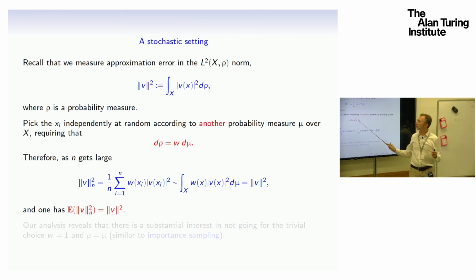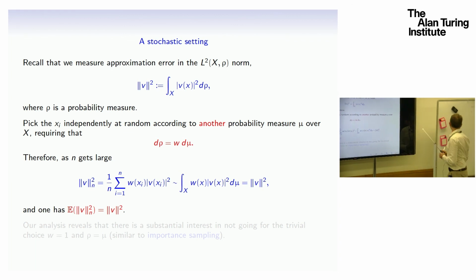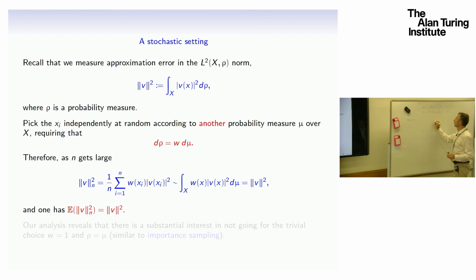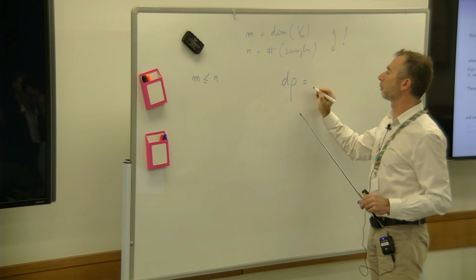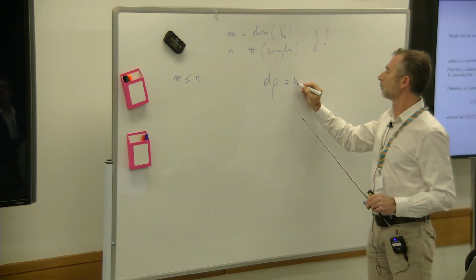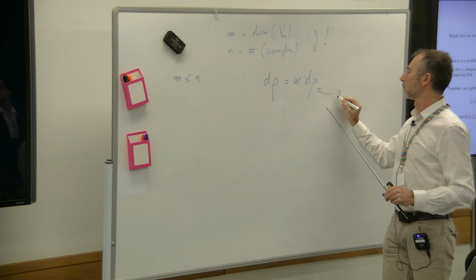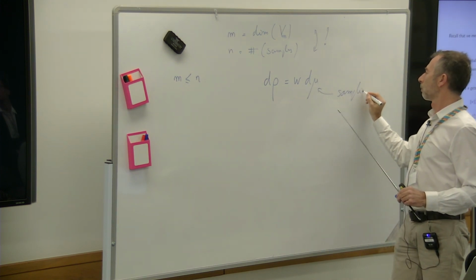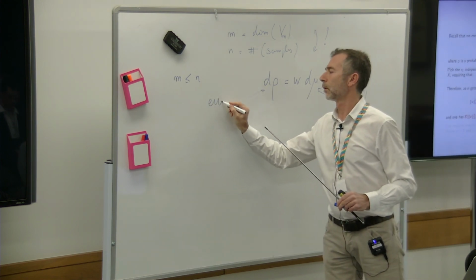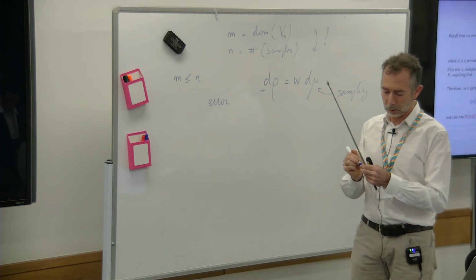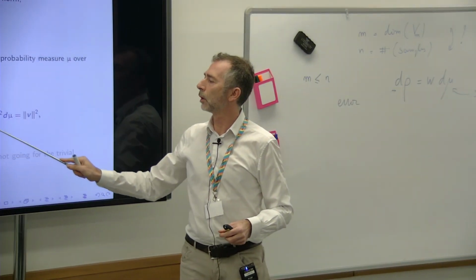And what I require is this relation between the two measures and the weight function. So I write it here. d rho, the measure for the error, is the product of the weight times the measure for the sampling. And w, remember, is the weight function that comes into this norm.